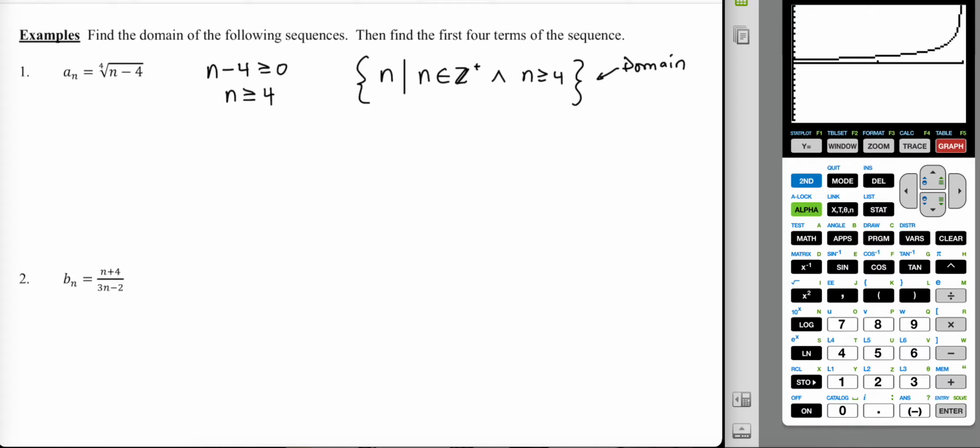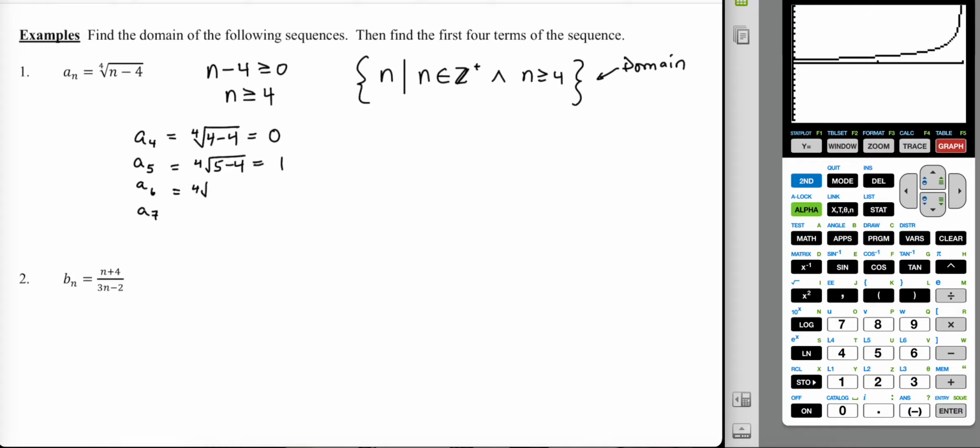Now, in terms of the first 4 terms of the sequence, the first term would be a sub 4, then a sub 5, a sub 6, and then a sub 7. So the fourth root of 4 minus 4 is going to be 0. The fourth root of 5 minus 4 is going to be 1.